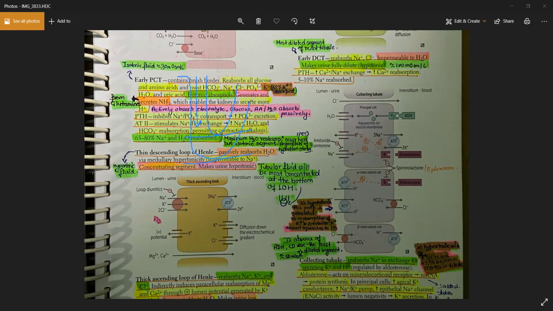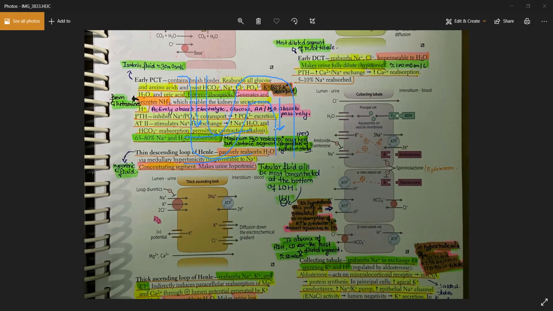If you are in a dehydrated state, the ADH will be activated on the collecting ducts. It will be reabsorbing free water. So as the filtrate passes through the collecting duct in a dehydrated state, when you have a very low water concentration in the body, it will again become concentrated because of free water reabsorption.